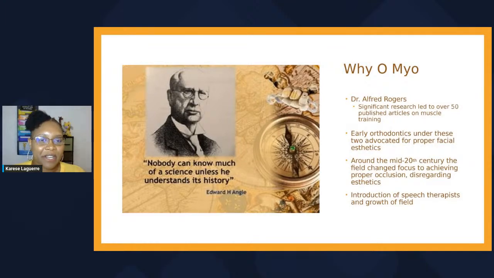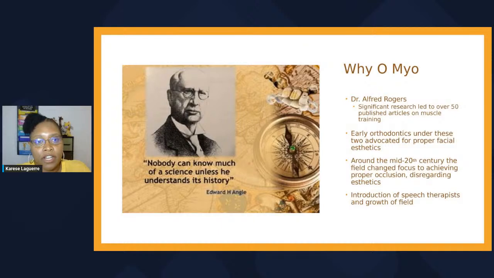Over 100 years ago, the man in this picture here, who some of you may know and others of you may not, Dr. Edward Engel, he had a very prominent student, Dr. Alfred Rogers, who actually went on to being very, very prominent and was the leader of the New York Orthodontic Society and taught at Forsyth. And he had a lot of big prominence in the orthodontic field in the early days of orthodontists.